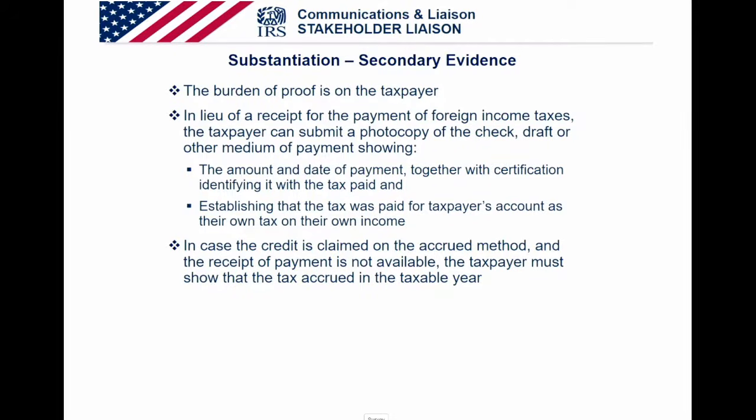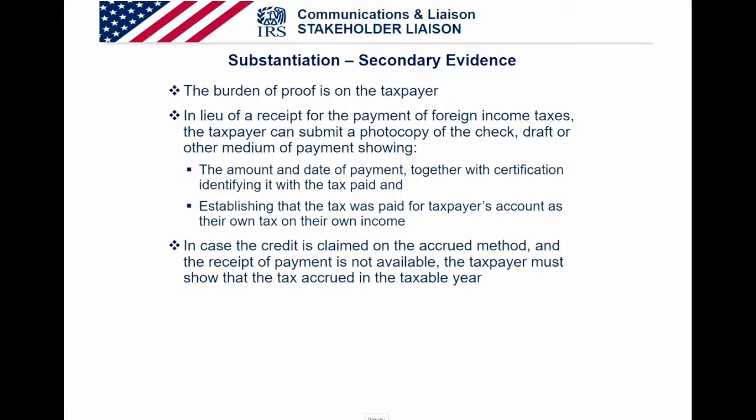If the foreign tax return is not available, the credit is claimed on an accrued method, and the foreign tax has not been paid, the taxpayer must provide the following items: a certified statement of the amount accrued, excerpts from the taxpayer's books and records showing amounts of foreign income tax and related tax, and documentation substantiating the computation of the foreign tax established by foreign legal authority, such as foreign law, assessment notice, or other evidence.